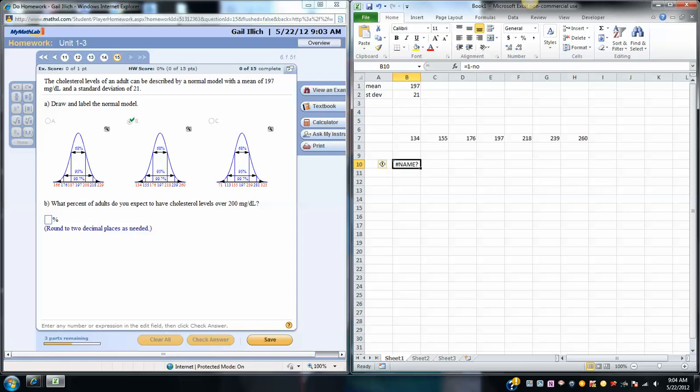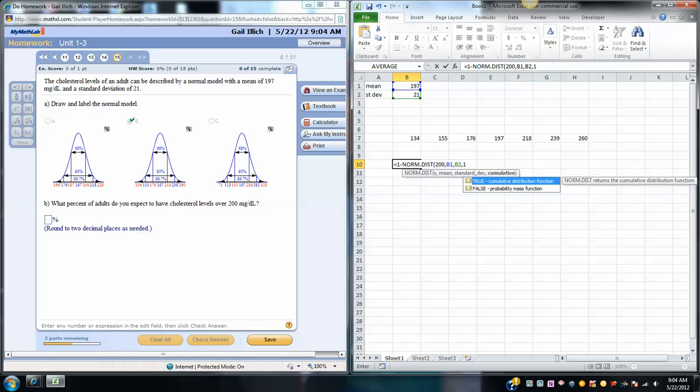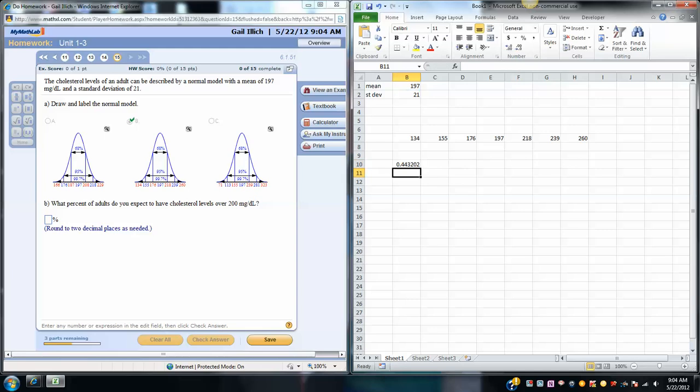So equals 1 minus norm dist for normal distribution, and then the value, which is 200, comma, the mean, comma the standard deviation, and then you always just say comma 1. Then hit enter, and you're going to want to make this number a percent, so round it to 2 decimal places. So you could say equals this times 100, and so that's 44.32.